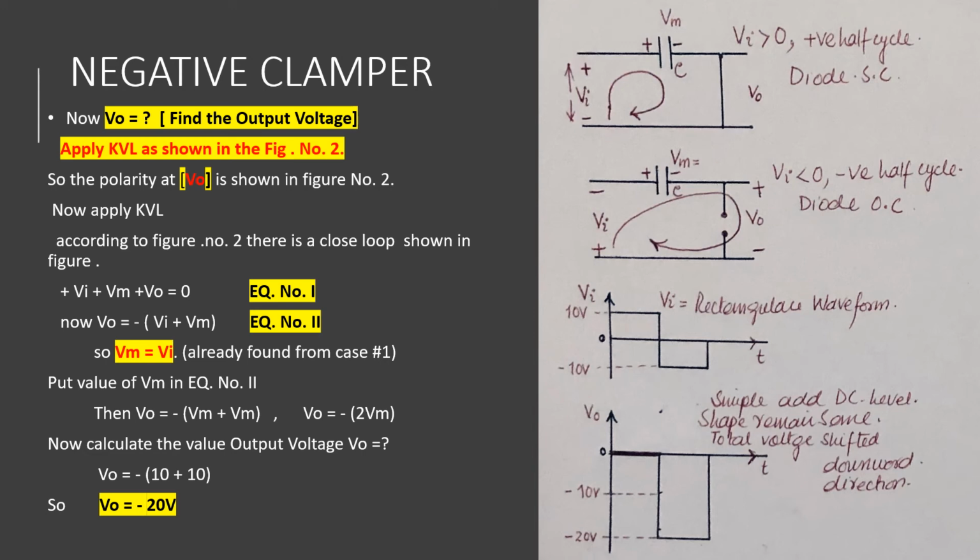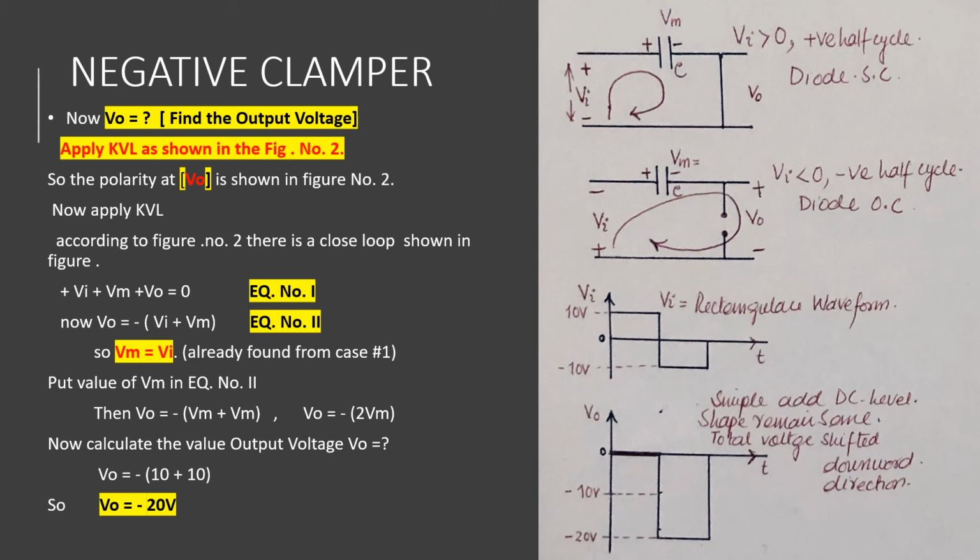Now we apply KVL. The polarities of Vi are also different in this case. So we start with Vi, so it is positive Vi plus Vm plus Vout is equal to 0. This is equation number 1.